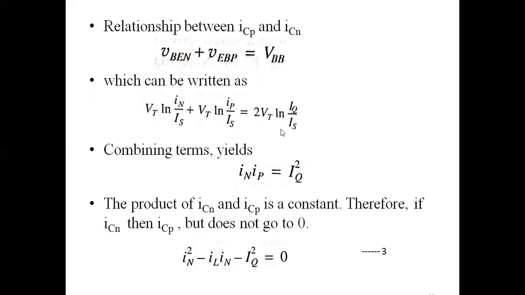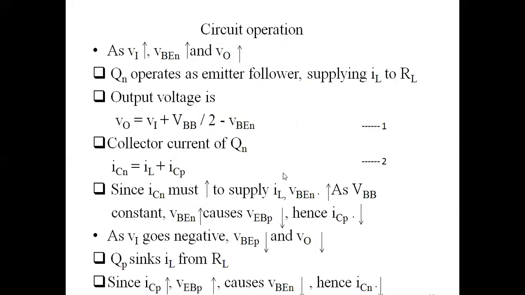Now combining the terms yields IN into IP is equal to I squared Q. As IN increases, IP decreases by the same ratio while the product remains constant. Therefore we can write it as I squared N minus IL into IN minus I squared Q is equal to 0.